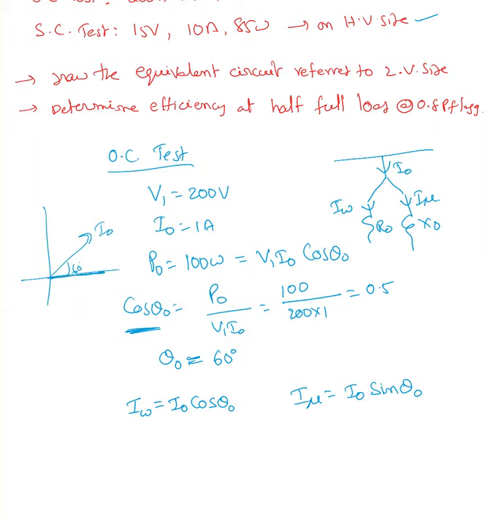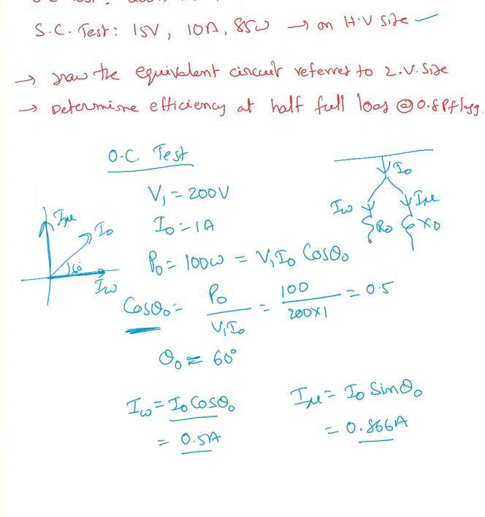The x-axis current is IW, and the y-axis current is I mu. So that's how I end up finding IW equal to I0 cos theta naught, I mu equal to I0 sin theta naught. So IW equal to 0.5 amperes, I mu equal to 0.866 amperes.